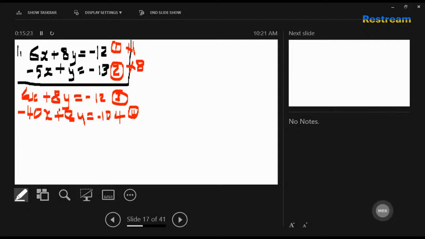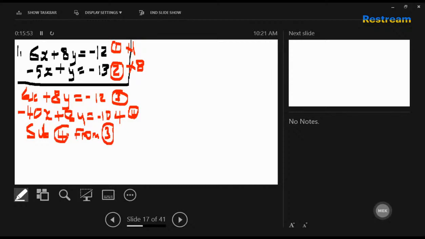If one is positive and one is negative, we have to add them in order to eliminate the variable. So since we have two positive 8s, we're going to subtract equation 4 from equation 3.